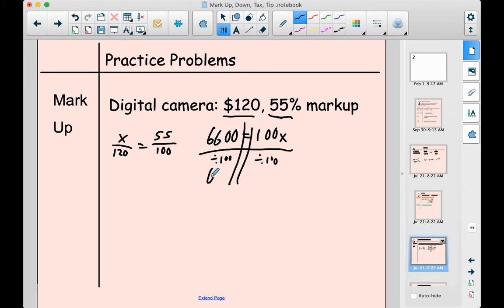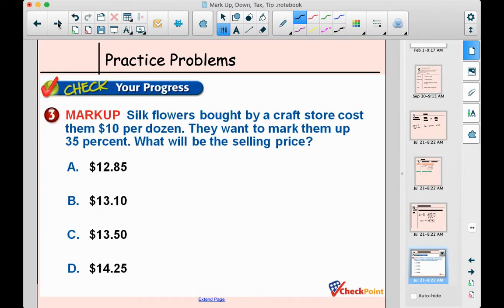That gives me 66. Okay, so that means the markup should be $66. So I take what I paid, 120, plus 66, add that together, and I would sell it for $186. Okay, so that is the price of that camera with a 55% markup.